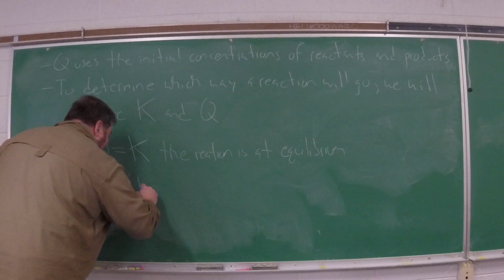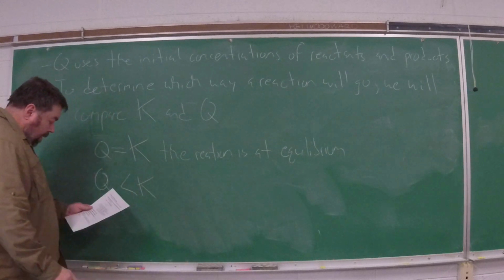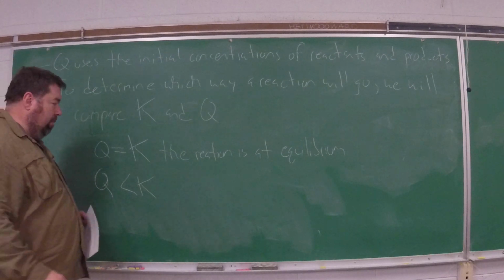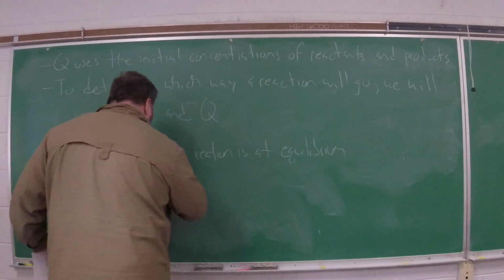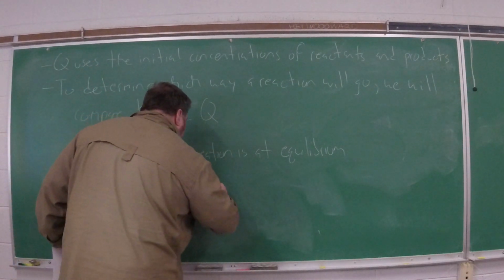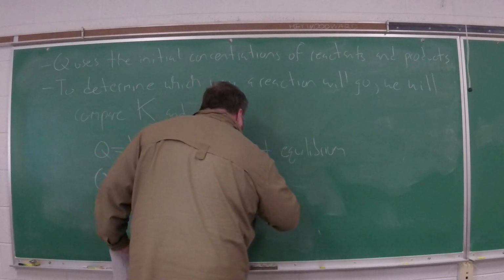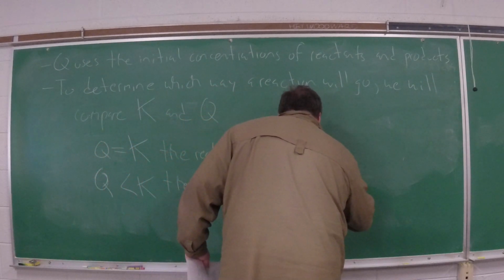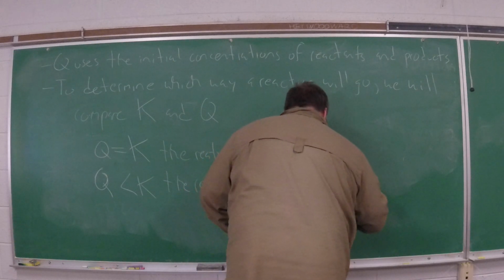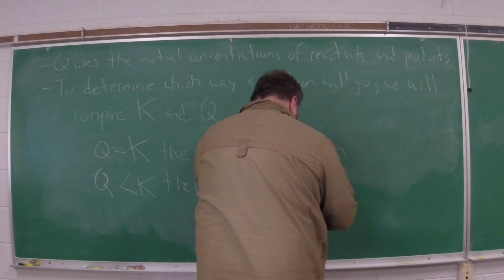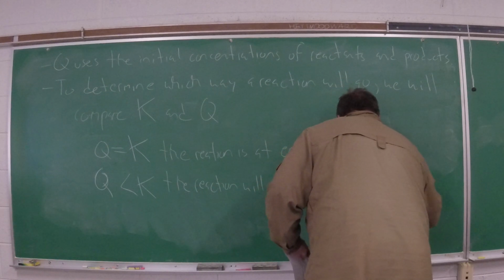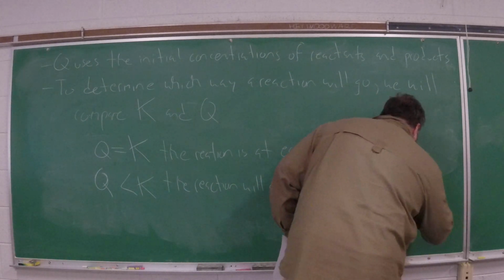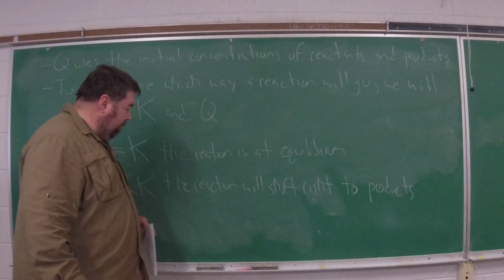If Q is less than K, the reaction will shift to the right towards products to reach equilibrium, okay?